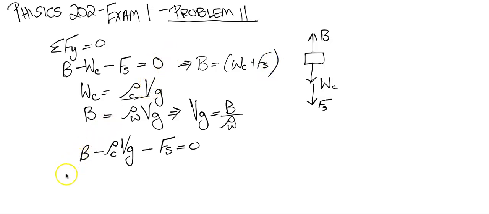So if I replace this B by Wc plus Fs, and this Vg by B over rho W, I get something that looks like B minus rho C, instead of Vg, we have B over rho W, minus Fs equal to 0.